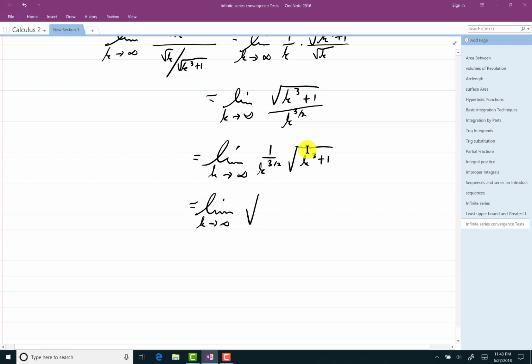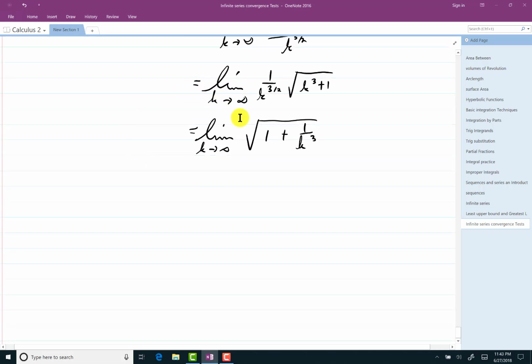So k cubed over k cubed will give me 1, and then I'll get 1 over k to the 3. Just to remind you, the square root function is continuous, so I can actually do this.